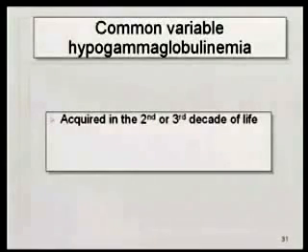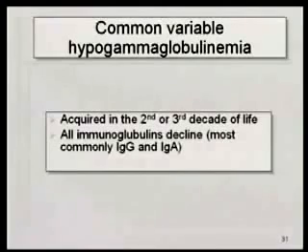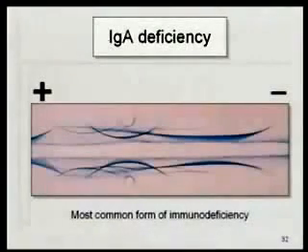They come out of that phase later on, but during that period they have to be treated with gamma globulin. Okay? All immunoglobulins decline, most often IgG and IgA. It is thought that they have some sort of class switch defect. Why in that age period? It's not really known. The cause is unknown.